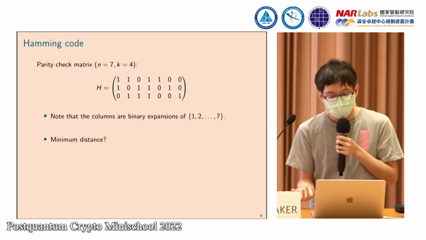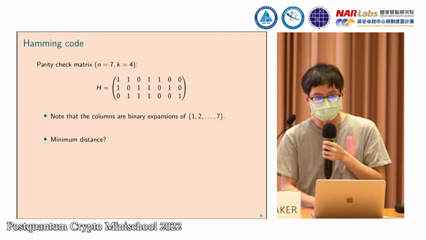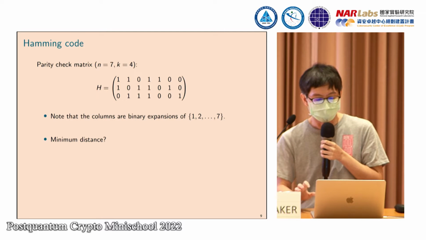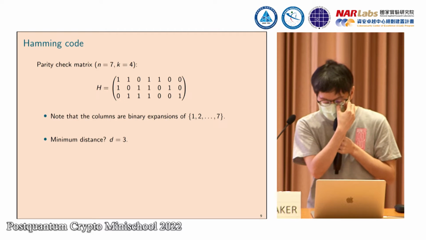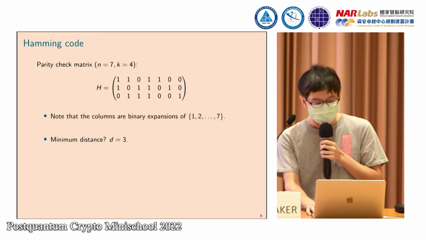And how about 3? Well, for 3, certainly you can see many possibilities. We can pick 3 columns from this parity check matrix so that they sum up to 0. So the minimum distance is actually 3.